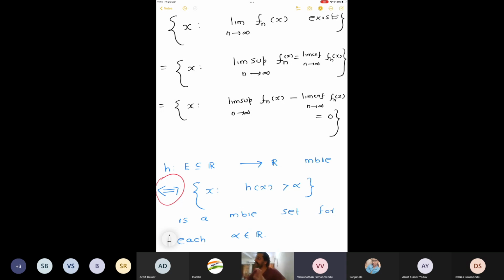And remember, even if the limit is infinity, in the extended real valued case, what we call convergent. So convergent doesn't mean that the limit cannot be infinity in the case of extended real valued. So from convergence, we cannot say lim sup and lim inf will be finite. That we cannot say.